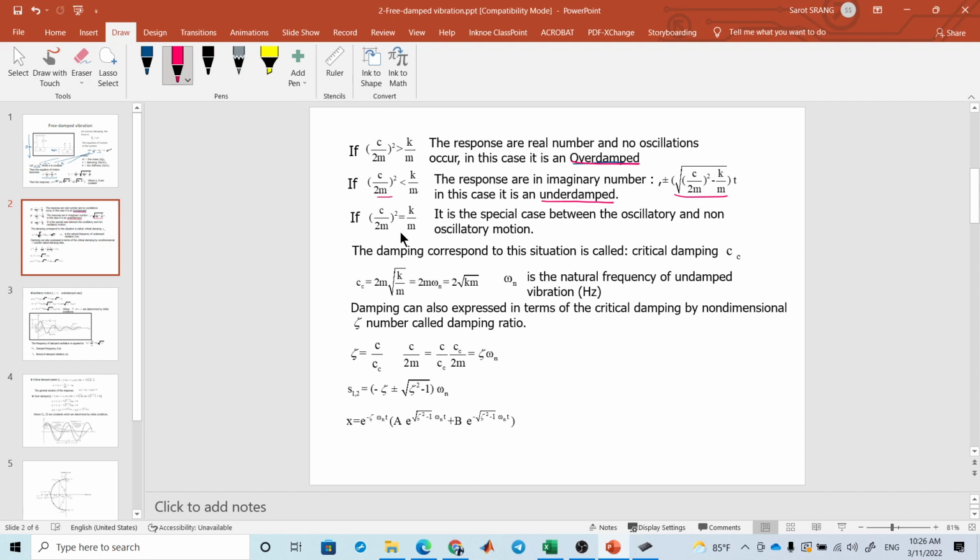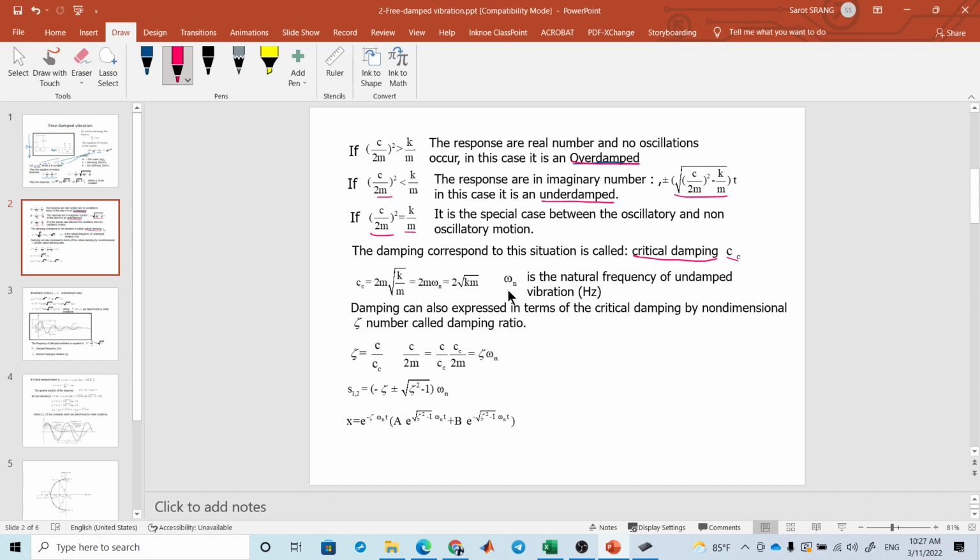If delta is 0, which means this term equals this term, it is the special case between oscillatory and non-oscillatory motion. This case is called critically damped, and the critical damping is denoted by C sub C.